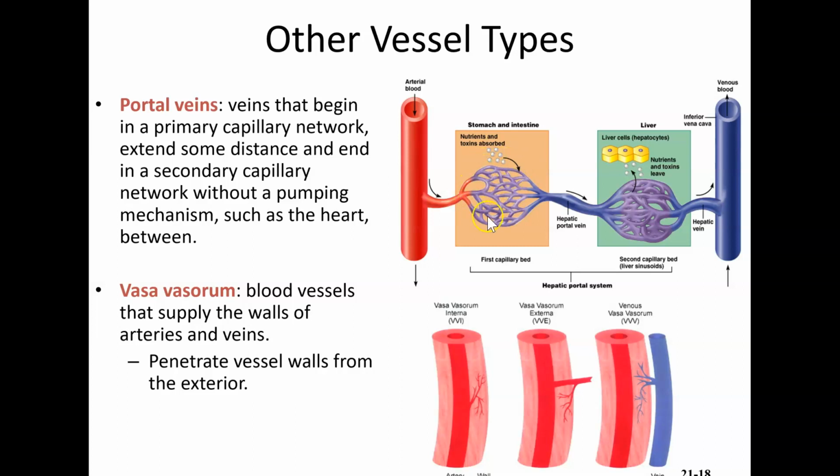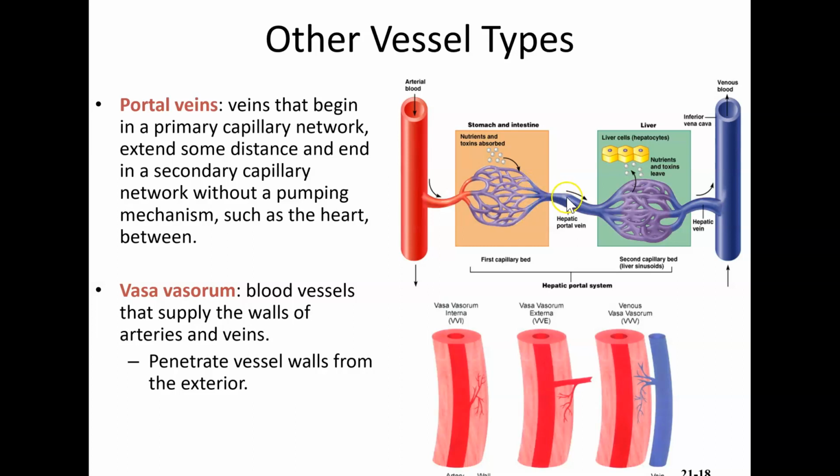And that capillary network here, the first capillary bed, is where we are going to give off the oxygen to the tissues, but we are picking up all those nutrients and possible toxins that we have taken in from the food and drinks that we intake. So then we move that back into the capillary bed. And so now we can call this oxygen poor or deoxygenated blood, but it's nutrient rich blood.